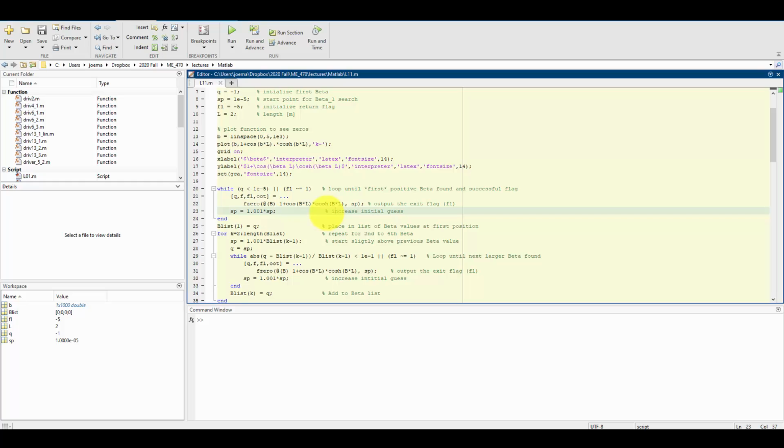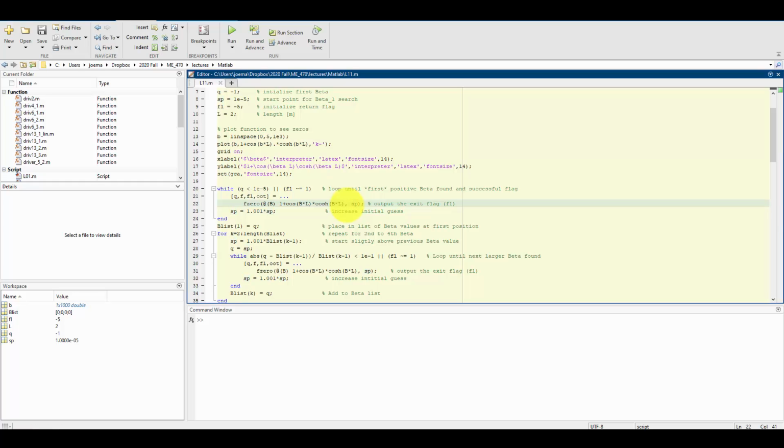With fzero in particular, the answer we get can be very dependent on the initial guess, or what I'm calling SP, the start point. Because fzero will only return a single root at a time, often the closest root to my start point, but that's not necessarily true.